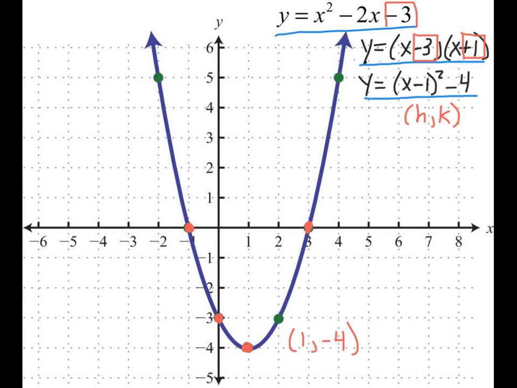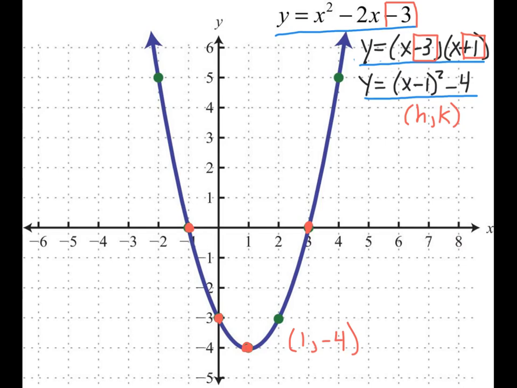This is h, the 1. And if I look up here, it's negative inside the parentheses like it's supposed to be, and positive here. But our k, or the second term, that is actually negative here and negative there, and that is also correct. So we now know the vertex is 1 comma negative 4.